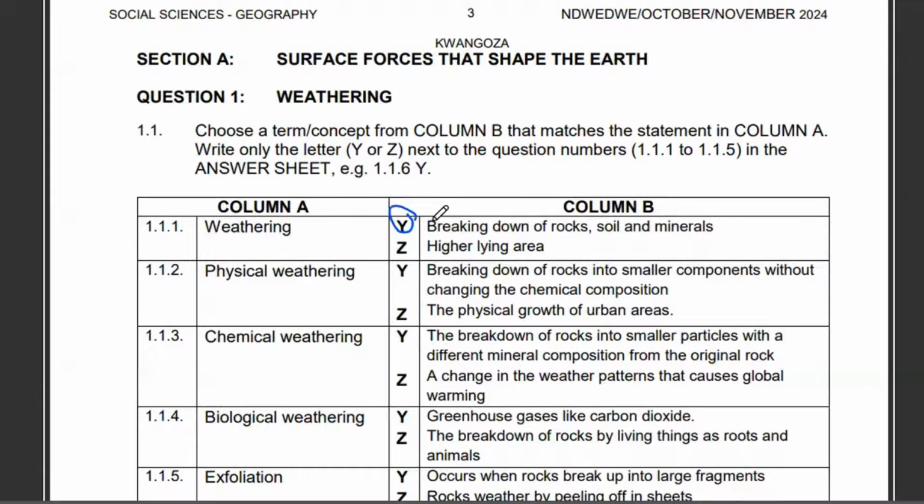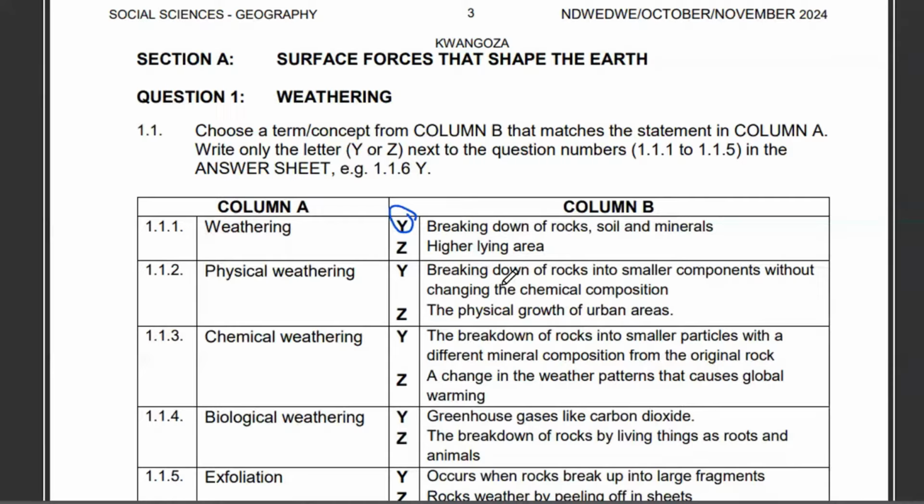Then we go to physical weathering. When you look at physical weathering, we have two terms, so you can choose which one best describes physical weathering.